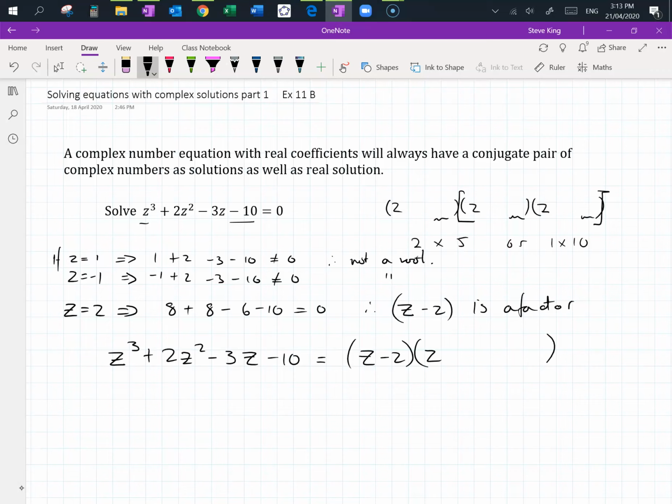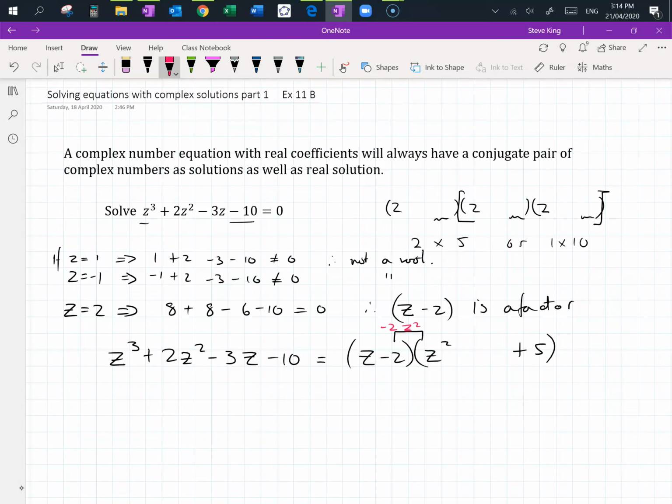We know the first term has to be z squared in order to make my z cubed. The last term has to be plus 5, because minus 2 times plus 5 is going to give me my minus 10. At the moment, I'm sitting with minus 2z squared, and I'm allowed plus 2z squared.